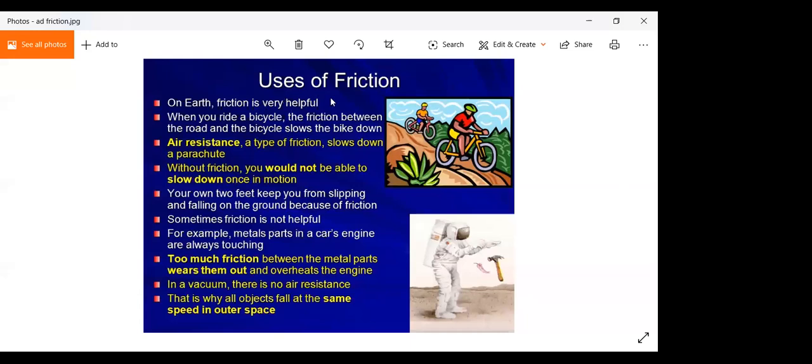On earth, friction is very helpful. When you ride a bicycle, the friction between the road and the bicycle slows down the bike. I said to reduce the speed, we need friction.